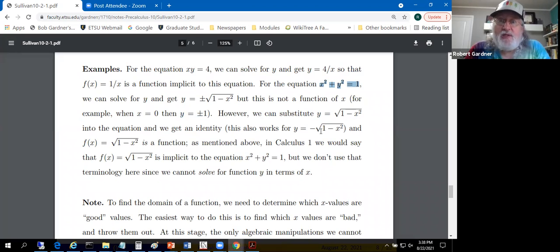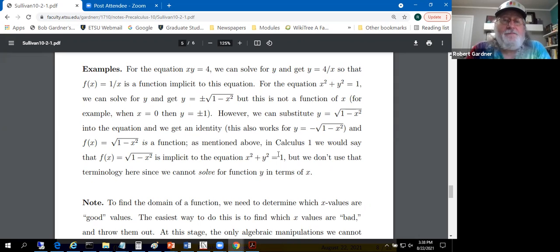And that should be pretty plausible to you. If you take this equation, which is also defining a function, y equals the negative square root of 1 minus x squared, plug that in for y up here, you'll also get an identity. Substituting the positive square root or the negative square root for y, that substitution will make this equation true.